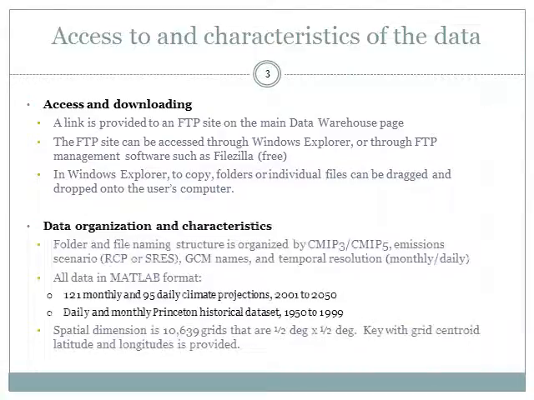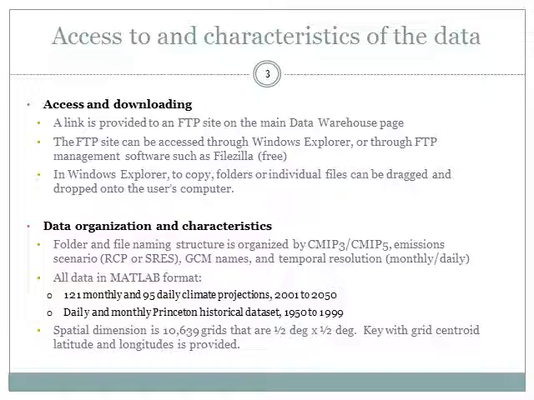So how are these data organized, and what are some of their characteristics? The folder and file naming structure is organized by CMIP3 and CMIP5, which is the 2007 and 2013 IPCC archived outputs. Emission scenario, and that's going to be 5 different scenarios, so RCP 4.5 and 8.5, and SRES A1B, A2, and B1.